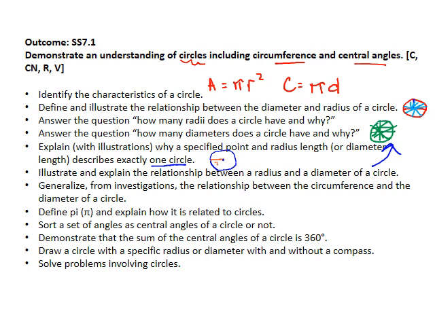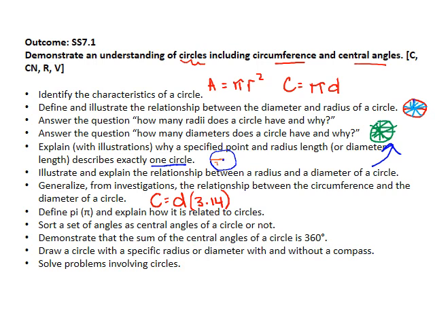Generalize from investigations the relationship between the circumference and the diameter. And so this is what those Greek guys did way back when, sitting around in their basement drawing circles, and they realized that for every circle they drew, the circumference, the distance around, right, that's the perimeter of the circle, was exactly the diameter times 3.14.